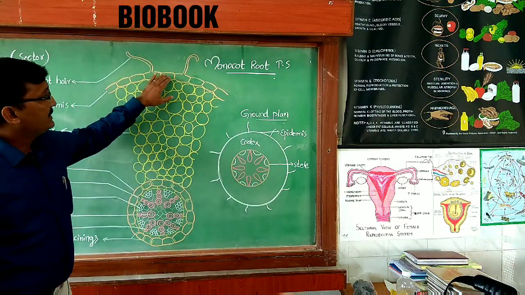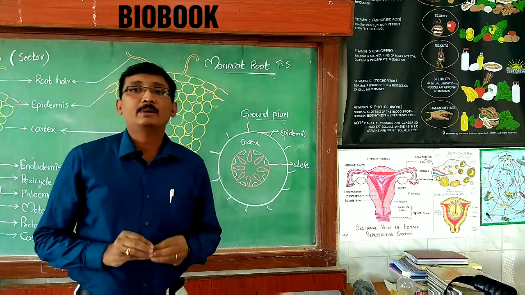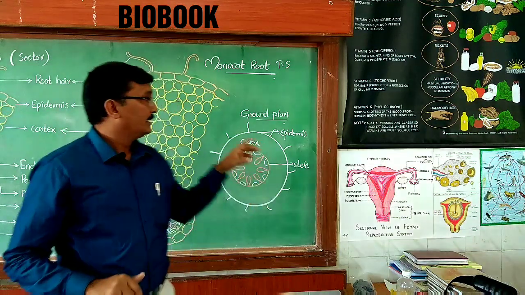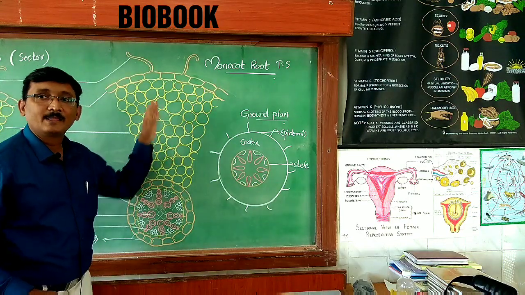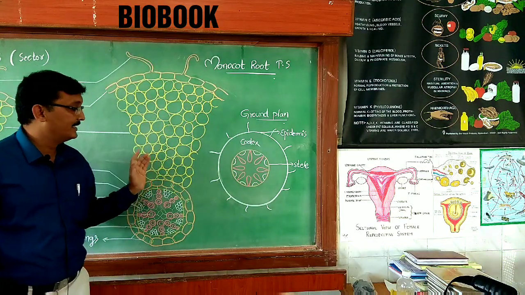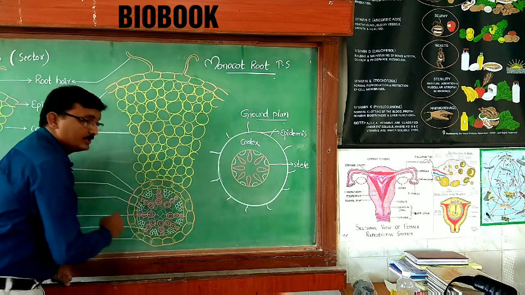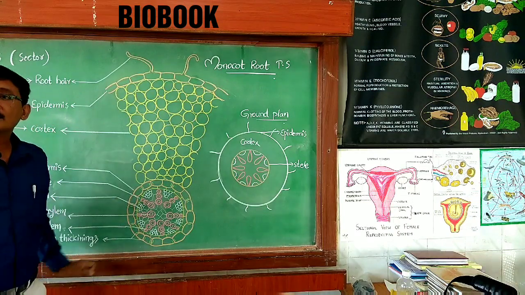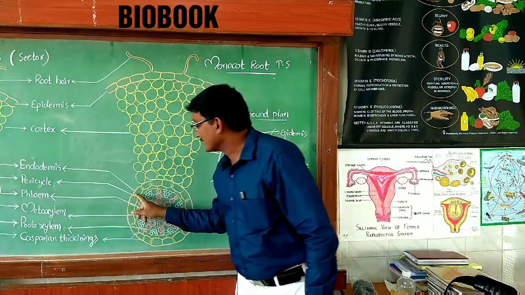And epidermis is followed by cortex. Cortex is completely made up of parenchymatous tissue. Here you can see intercellular spaces also. And the last layer of cortex is known as endodermis. Endodermis is also made up of single layered cells, and the cells are barrel shaped.